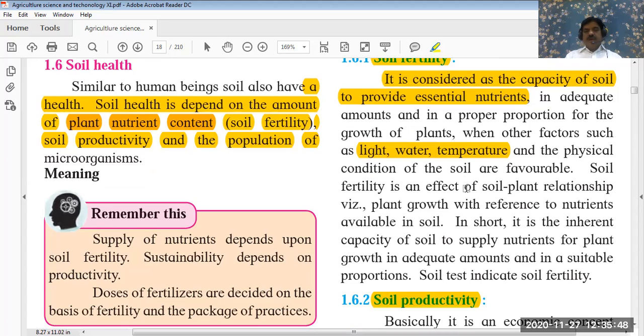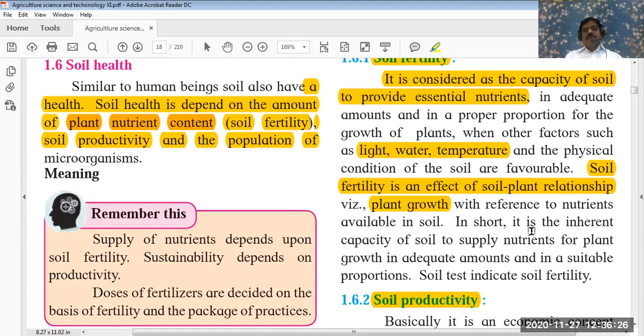Again, the most important thing, remember that soil fertility is an effect of soil-plant relationship. What is the effect of soil-plant relationship? That is plant growth. When there is a proper soil-plant relationship, plant growth takes place. What is soil-plant relationship? We are studying the same thing: different functions of soil and other factors in soil related to plant growth.